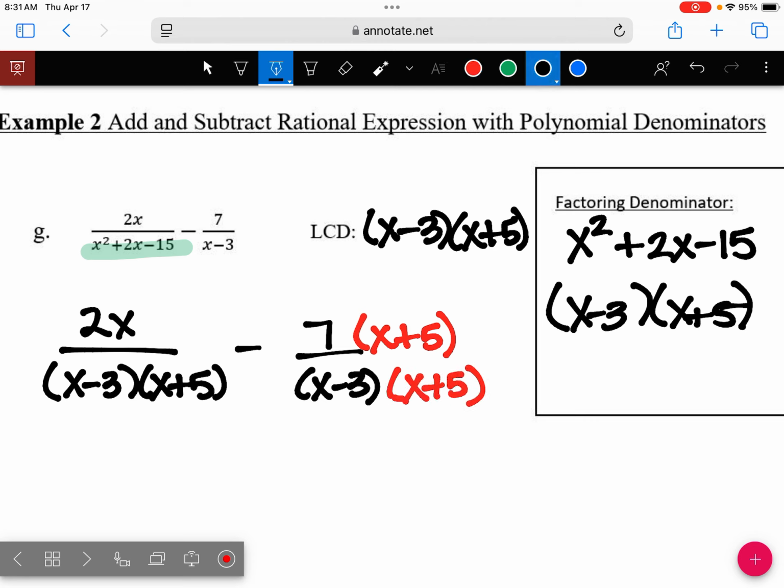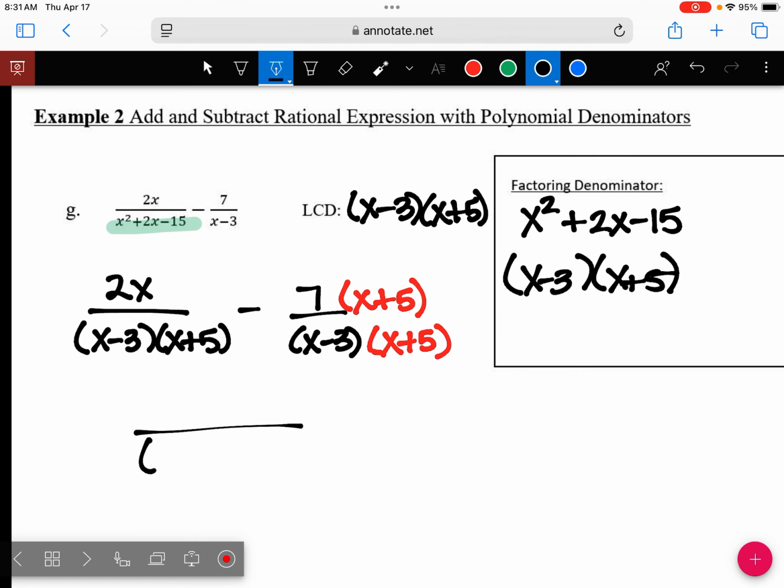Okay, so let's finish this on out. So I have my fraction, and I have my x minus 3 and my x plus 5 at the bottom. And now we're going to start writing what we see across the top. So the first thing you're going to put on the roof is a 2x.